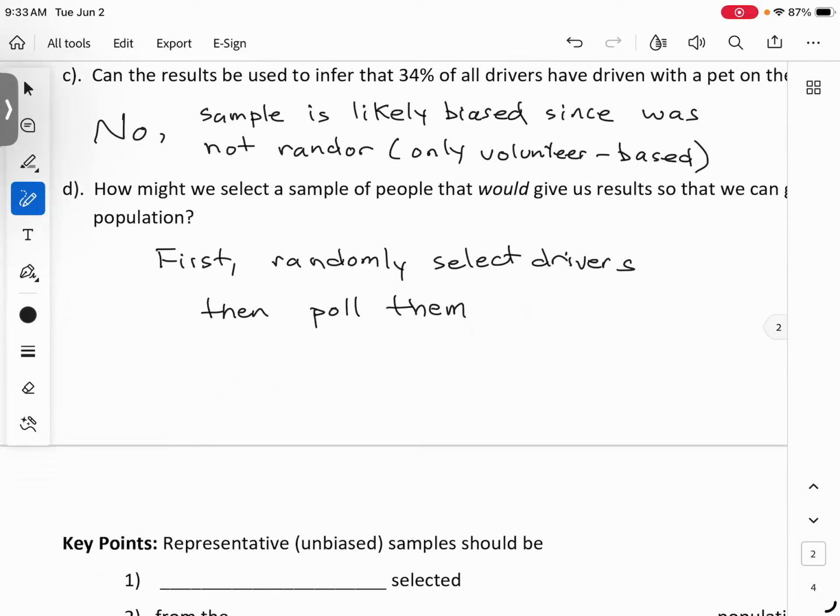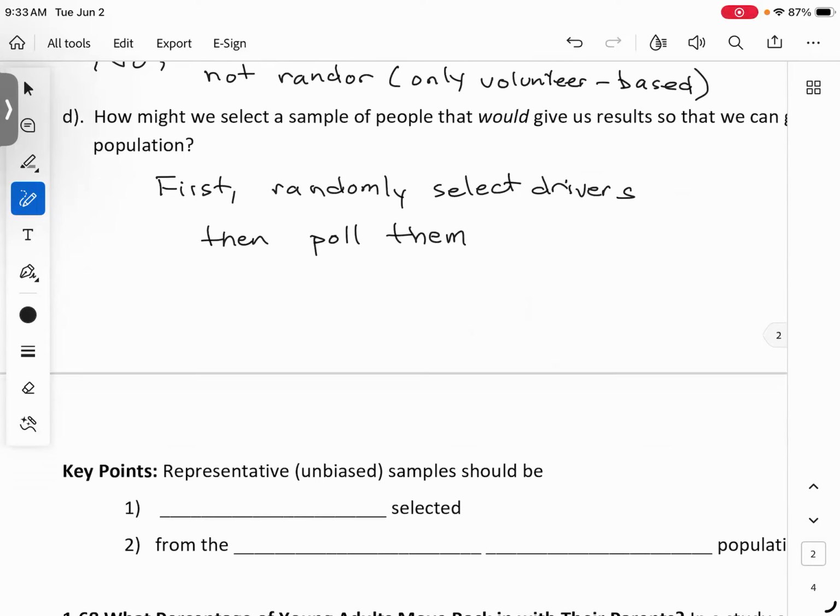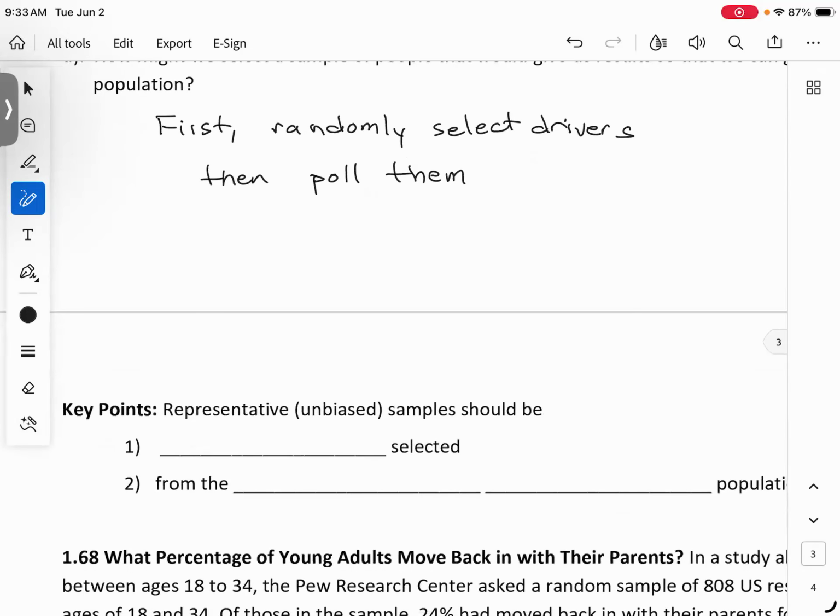Now, you are eventually in this class going to be doing a project where you're going to be collecting data from individuals, and it's not anything that we're going to be trying to publish or produce in an article where we need our results to be as close to what the population would say.